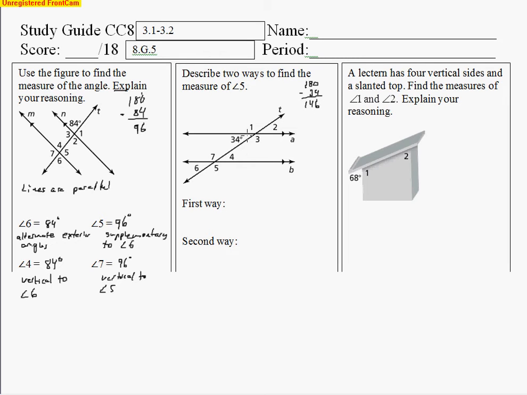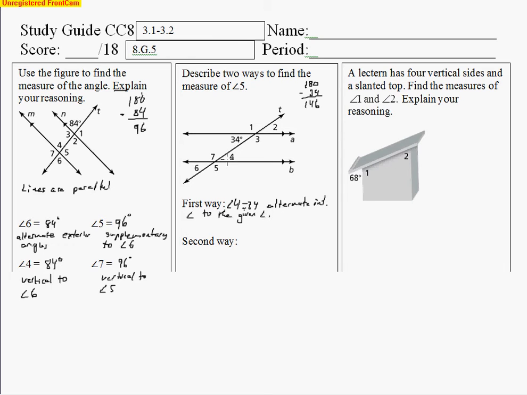And so I know all the angles that are like angle 1, 3, 7, and 5 are all going to be 146 degrees. So how can I find angle 5? How can I explain that? Well, we could say a few different ways. For the first way, I'll say that angle 4 is equal to 34 degrees because it is the alternate interior angle to the given angle.